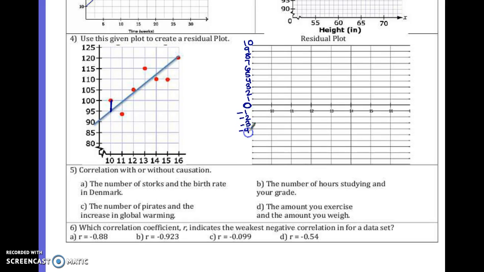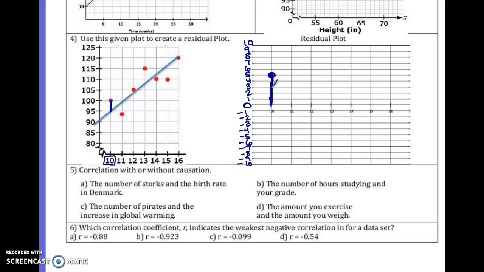How far away are our points from the line of best fit vertically? So the first one, we know it's at the number 10 here. So we're going to go to 10 and we're going to go up 5 because it was 5 more than the best fit line.